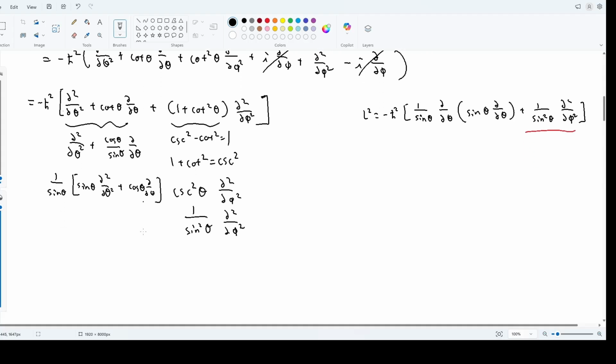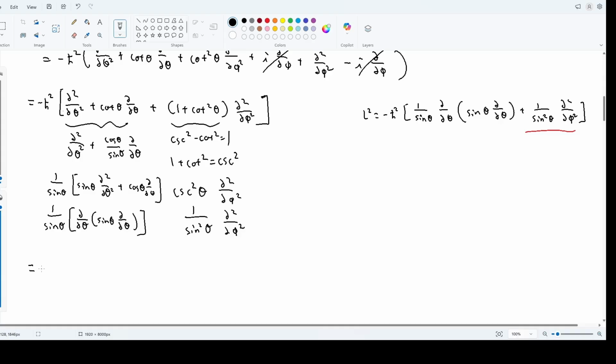And this is just a reverse chain rule. This entire thing is then equal to 1 over sine theta of the derivative d by d theta of the term sine theta d by d theta. Because if you work this in reverse, by chain rule, box prime times triangle, that's cosine theta d by d theta, added with triangle prime times box, that's sine theta times d2 by d theta squared, and that's exactly what this is here.